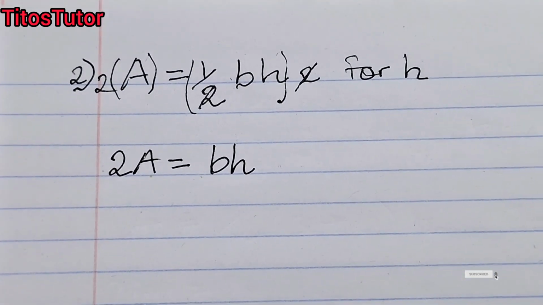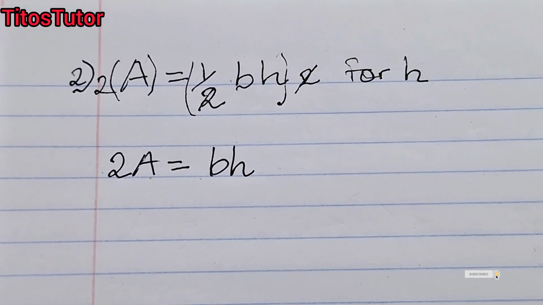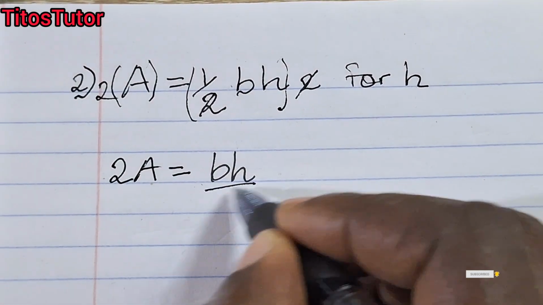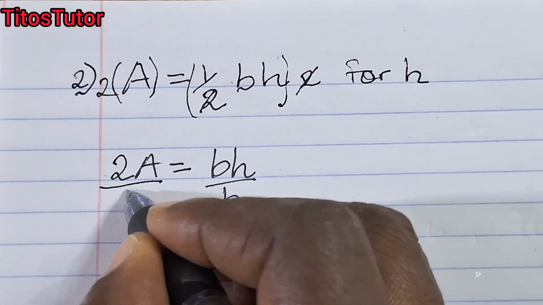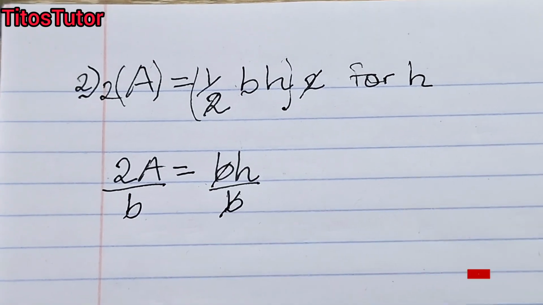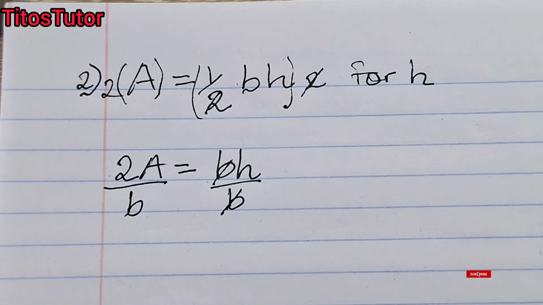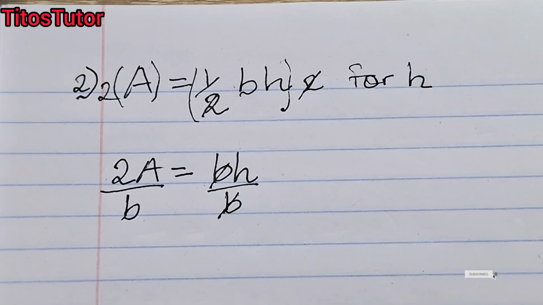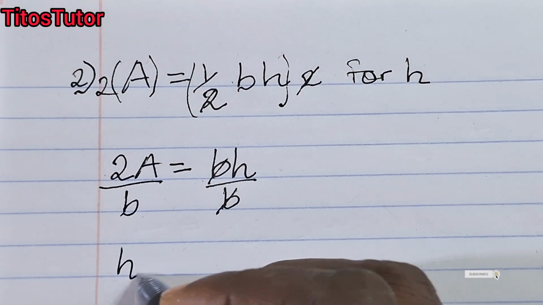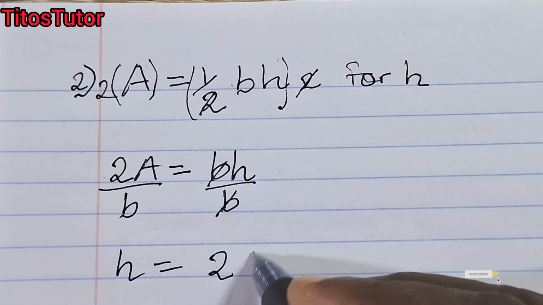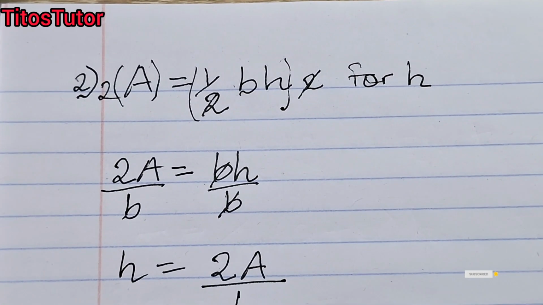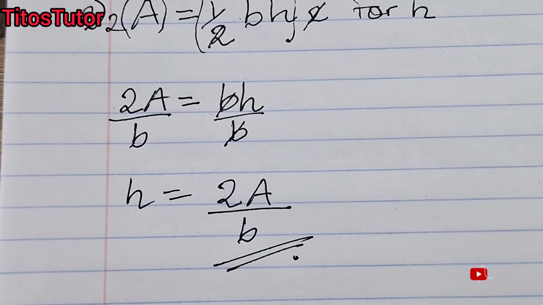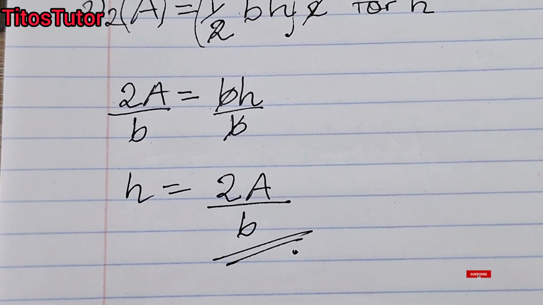Remember, I am making h the subject of the formula. I need to get rid of this b. It's multiplying, so you divide by b to get rid of this b. Whatever you do to this side, you must do to this side because of the equal sign. So h stands on its own, and h is 2A all over b. Done. h is 2A all over b.